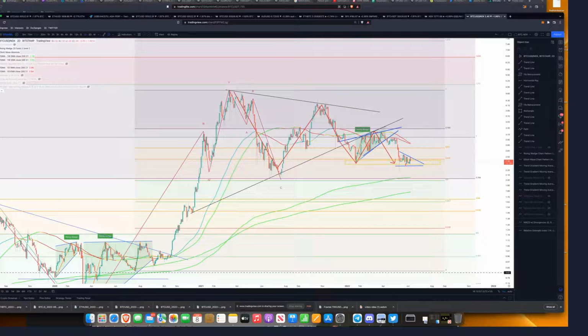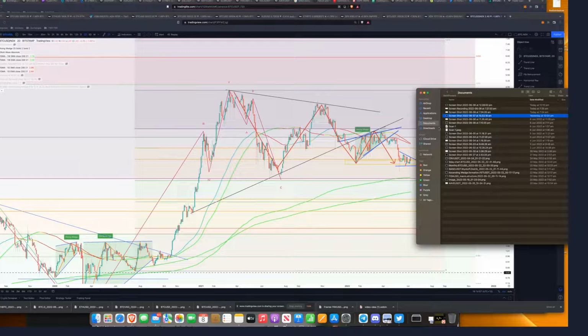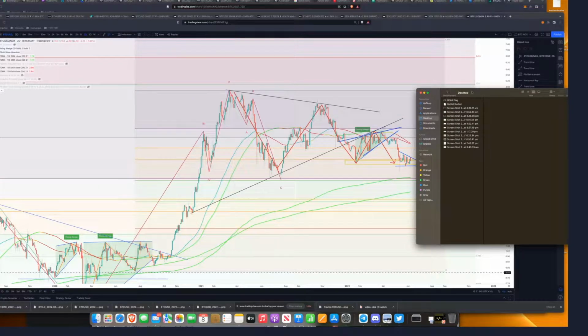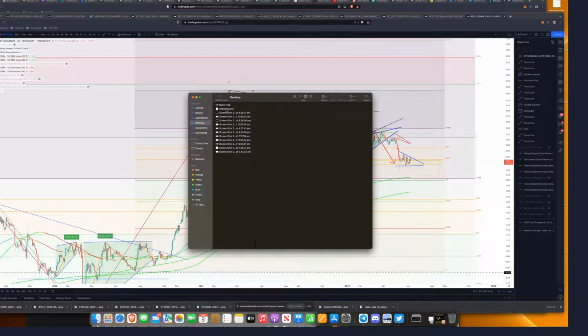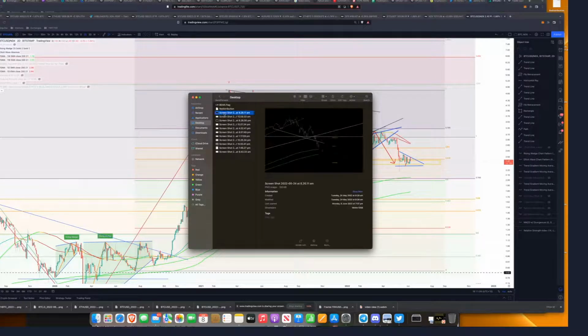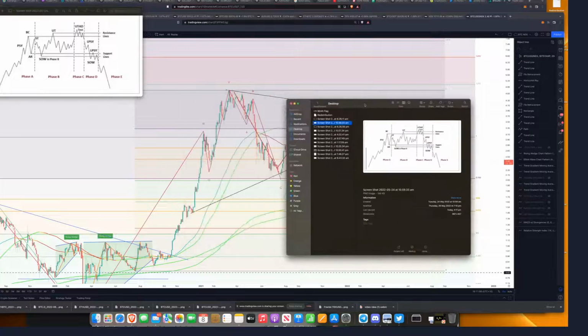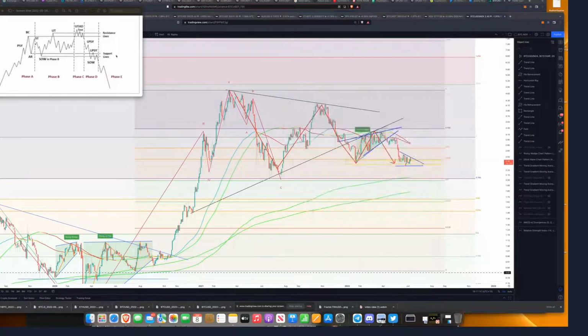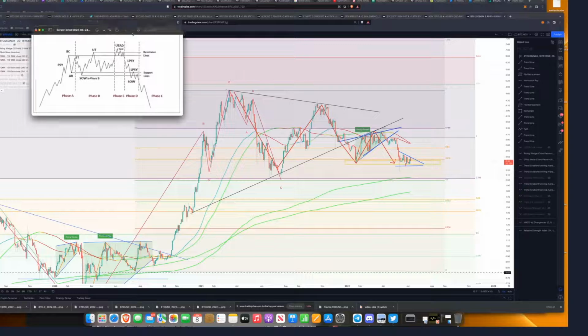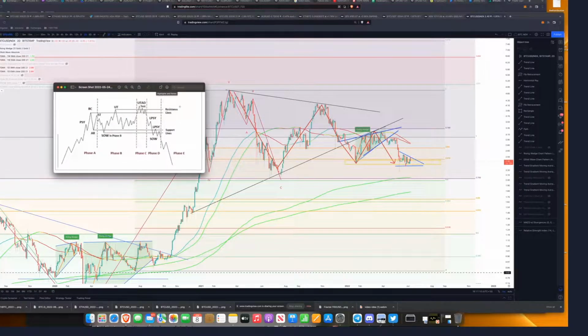So if I was to go to desktop, it's one of a few models. Go to Bitcoin.